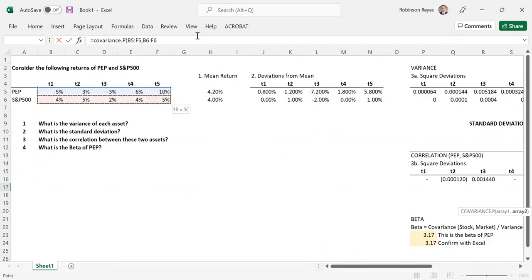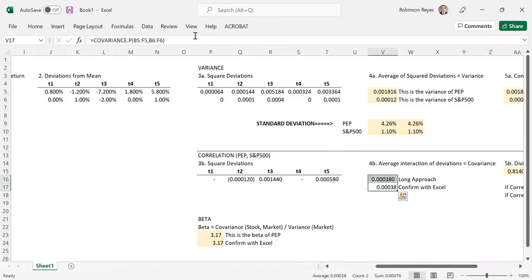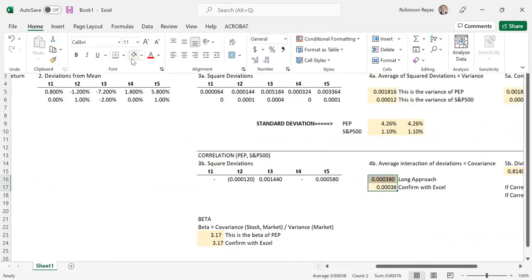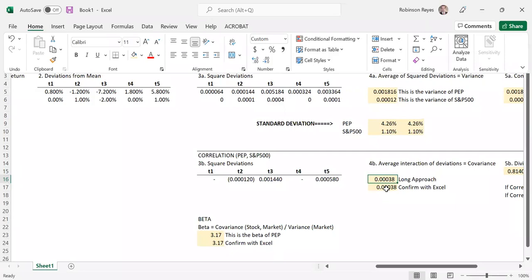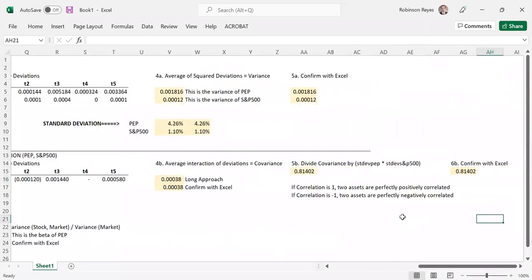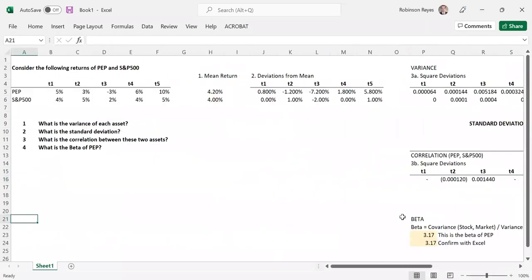And then we close this parenthesis, and we see that the long approach we had taken before, we are also getting the same number when we're using the command from Excel. Okay, so now you know the long approach and you know how to get these calculations of beta, correlation, standard deviation, and variance using the Excel commands. But most importantly, you know exactly what Excel is doing when you are using these commands.